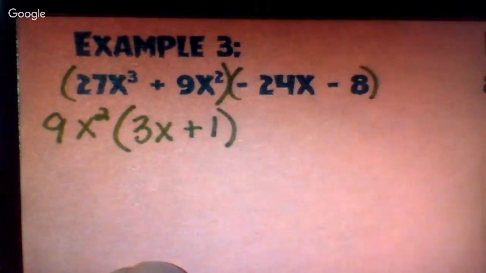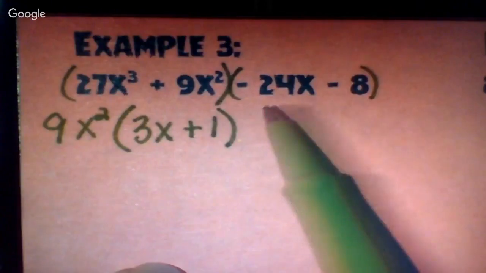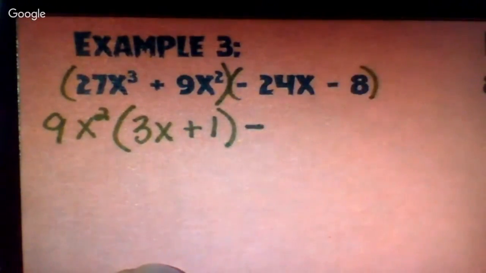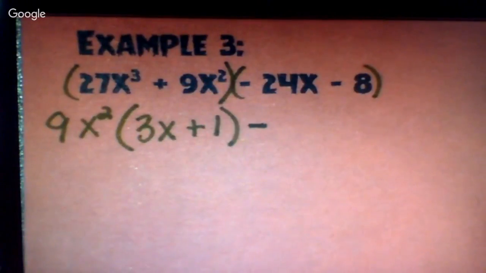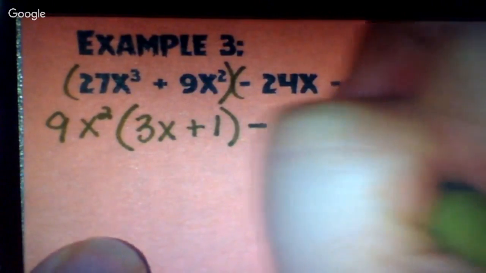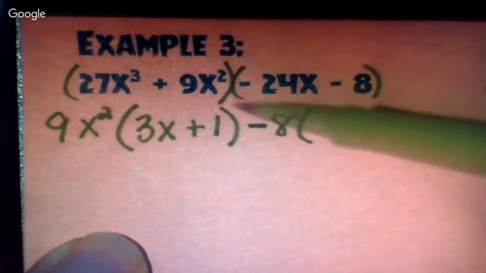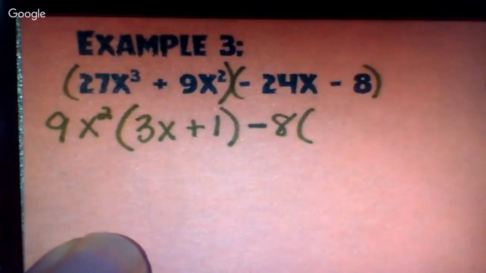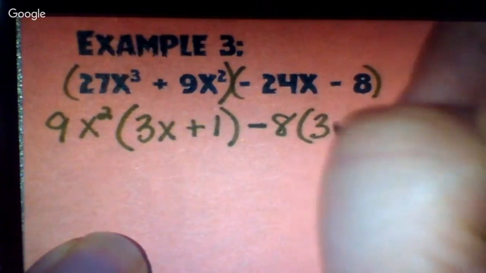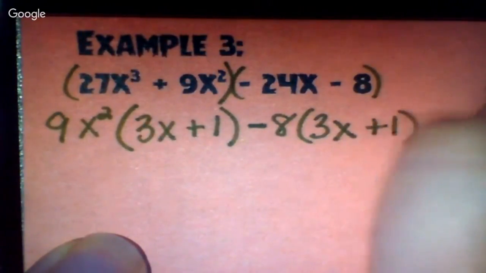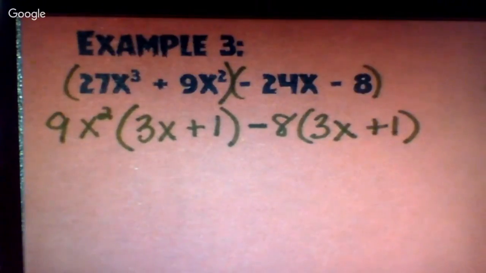I've got negative 24x minus 8. So automatically, again, pull out a negative. What can I pull out between 24 and 8? 8. Negative 24 divided by negative 8 is 3x, and negative 8 divided by negative 8 is 1. So what's my final answer?